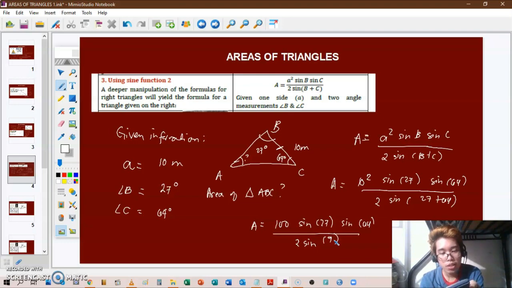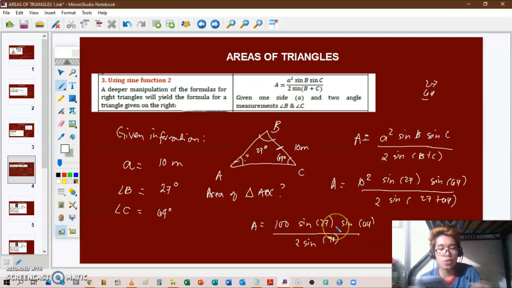So 100 times sine 27 multiplied by sine 64, all over 2 times sine, when we added 27 plus 64, that's going to give us 91.